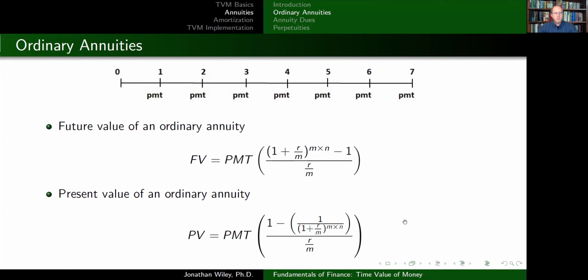But basically, I can find the present value of a perpetuity that goes on forever. Then I can find a perpetuity starting at some point in the future that goes on forever and find the present value of that. If I find the present value of a perpetuity that goes on forever and subtract off the present value of a perpetuity that starts at a certain point and goes on forever, what's left is the piece in between.